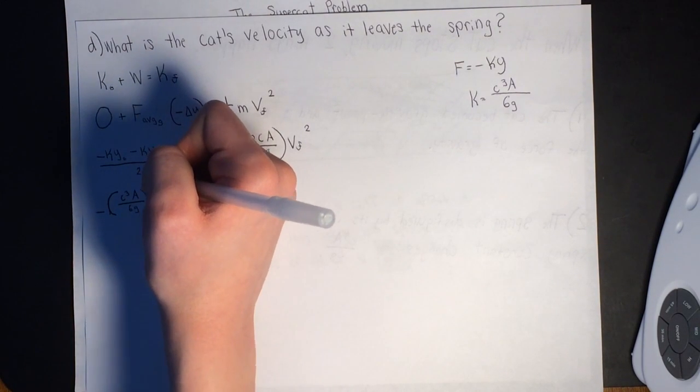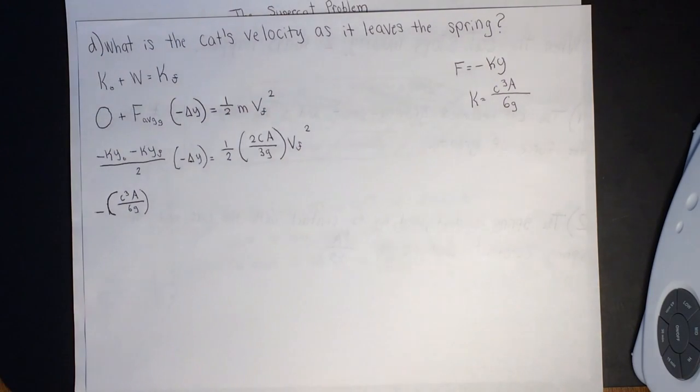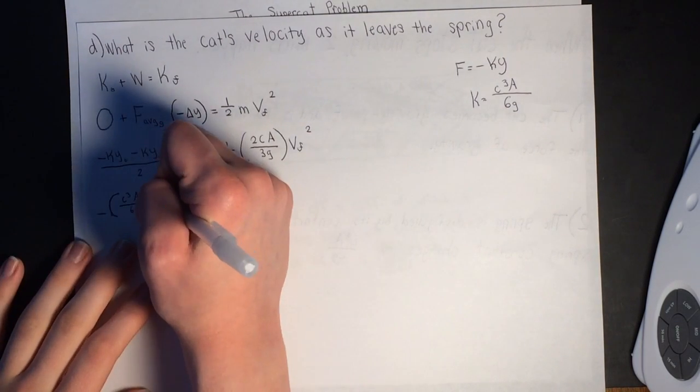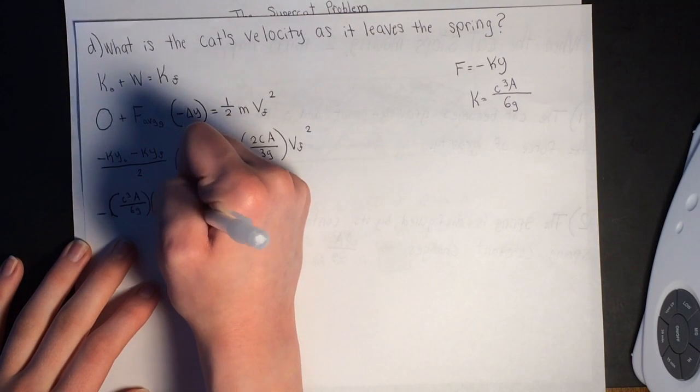Y naught is the position of the cat, which in the beginning is negative because the cat is at its lowest point. So we know what that is because we figured out delta y. It's negative 2a.